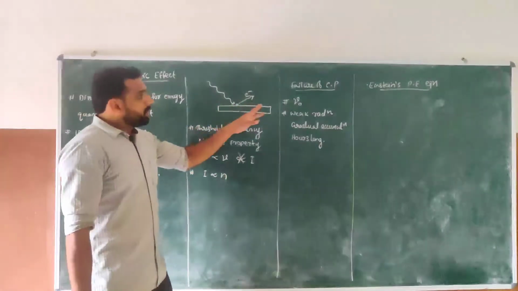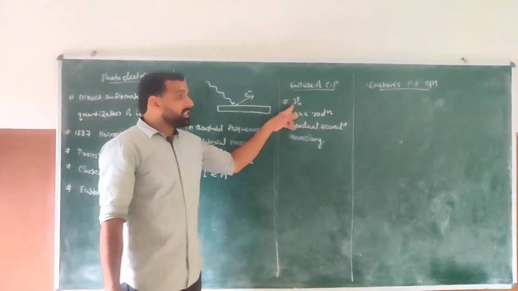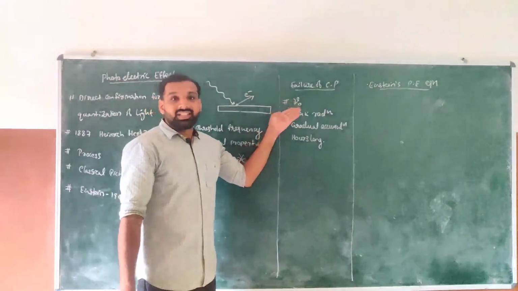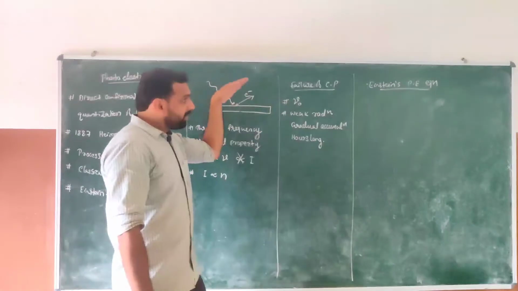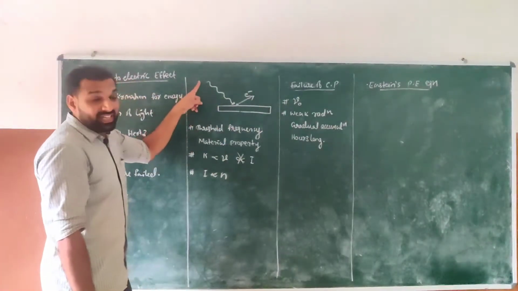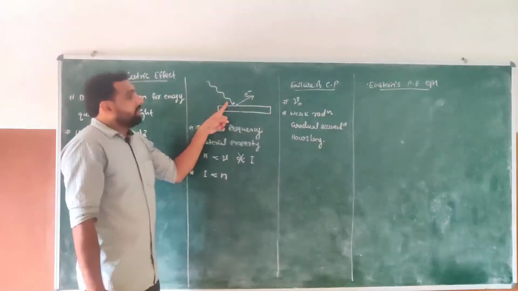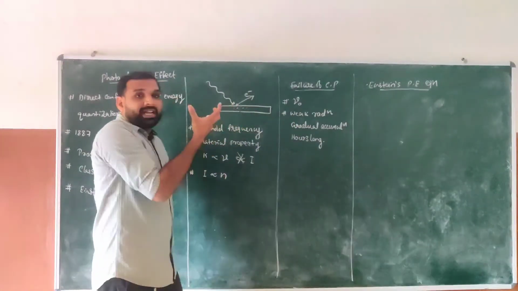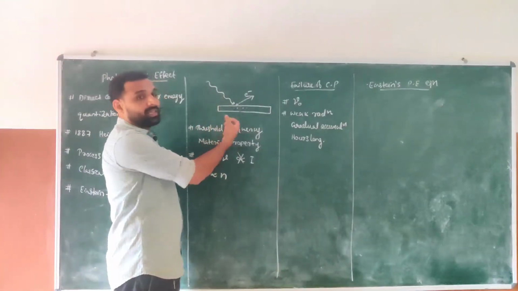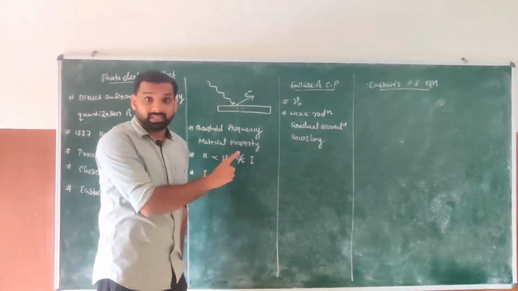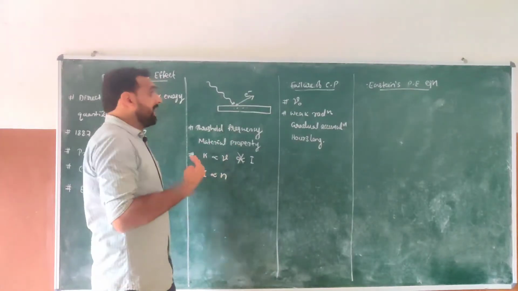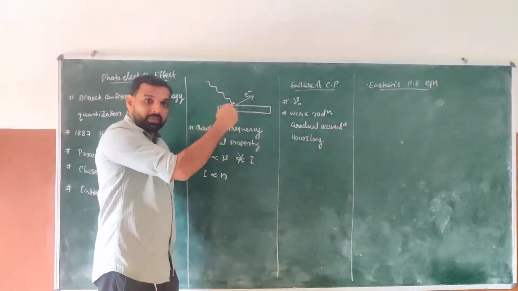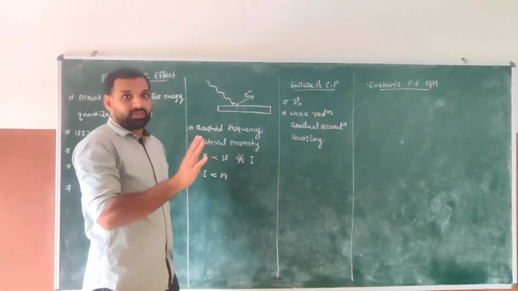If we make a weak radiation fall on the surface, then according to classical physics, the electrons in the metal will try to accumulate energy from the radiation. Even with a weak radiation, electrons should be emitted, but this is not actually happening.